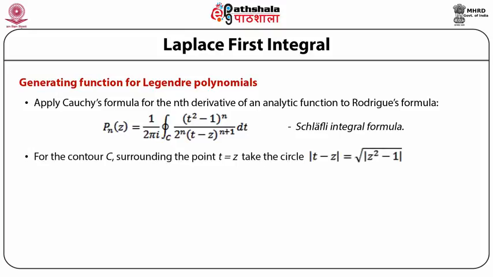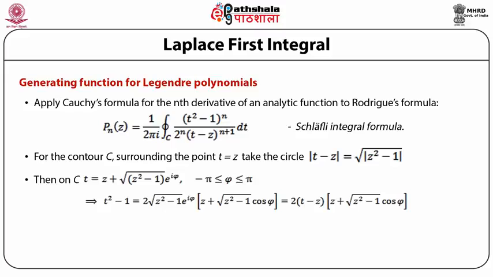For the contour C, let us take the circle modulus of t minus z equal to square root of modulus z^2 - 1. Then, on the contour C, t will be equal to z plus square root of z^2 - 1 multiplied by e^(i phi), where phi varies from minus pi to pi.